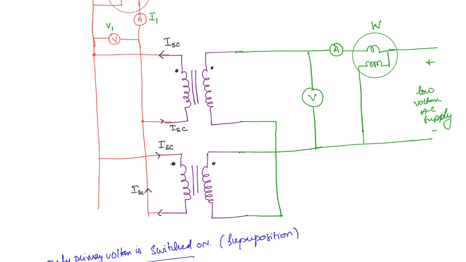Why is this? Because the current is flowing like this and going out like this, so these two windings are in series, and the voltmeter is across the series combination of both windings. Now what about the wattmeter? The wattmeter will give twice the copper loss of each machine, because it is supplying both the machines here.